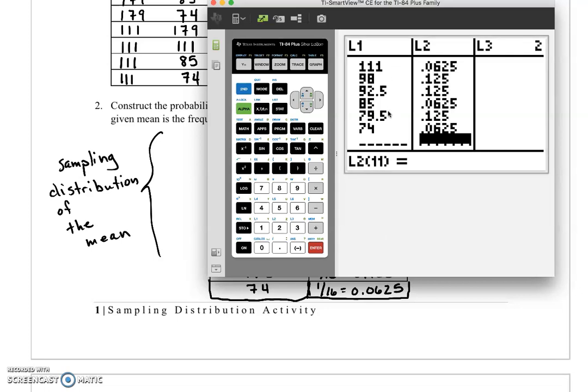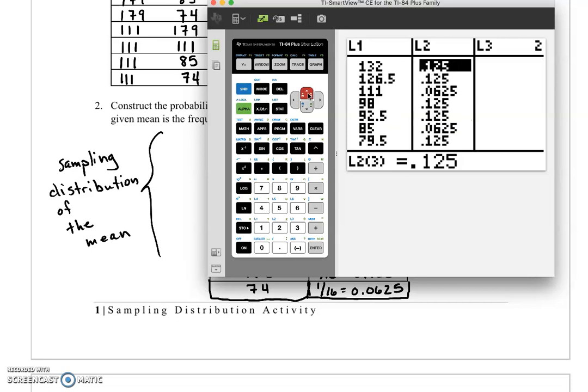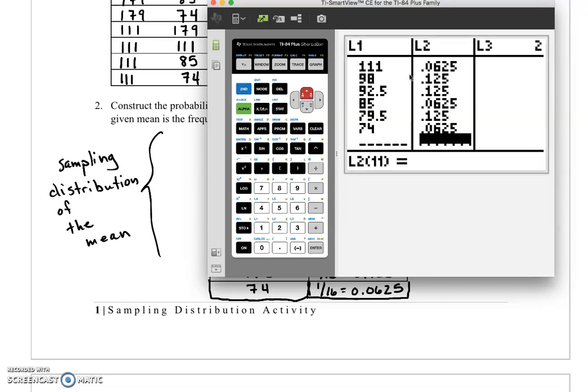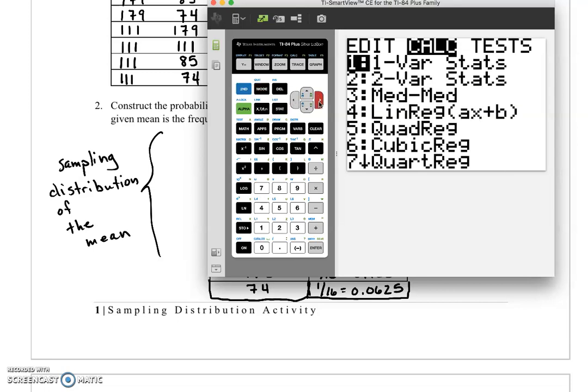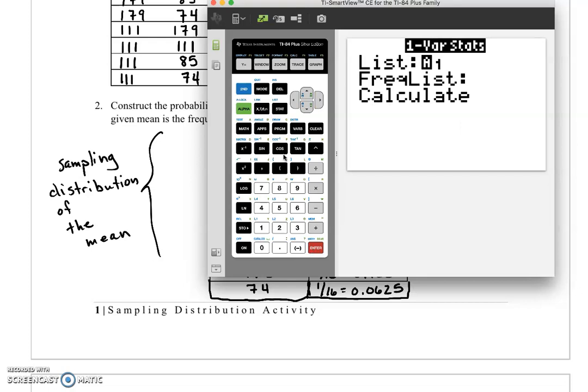Okay, now that I have gotten all of the sample means and their probabilities in list 1 and list 2, I go second mode to quit and then stat over to calc, one var stats. This time we have values in list 1 and probabilities in list 2. So in frequency list, we need to go second and the number 2 button to put L2 back in there.